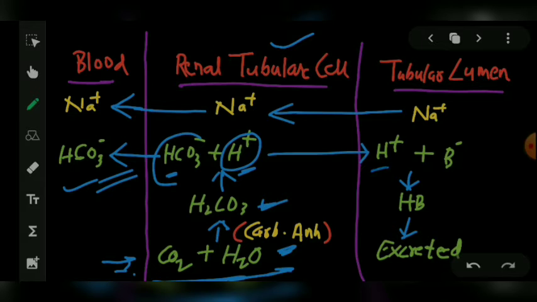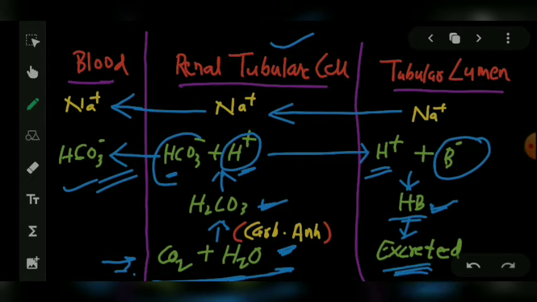Here in the tubular lumen, H plus combines with a non-carbonate base. I have represented the non-carbonate base as B minus. It combines with it and gives HB, the combination of hydrogen and non-carbonate base. Now this is excreted out from the tubular lumen.